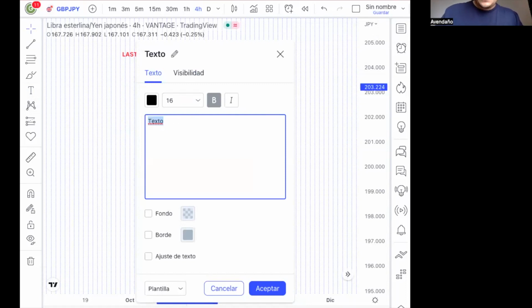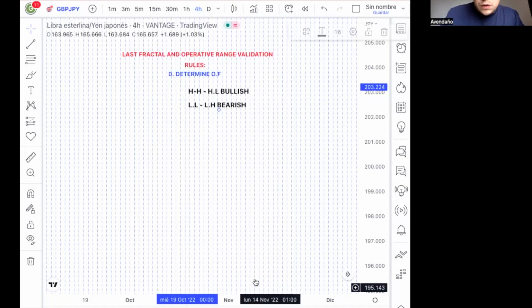You will be looking for a sequence of higher high points followed by higher low points, and this may construct a bullish structure. And if you find lower low points followed by lower high points, you will be in a bearish structure, in a bearish order flow.